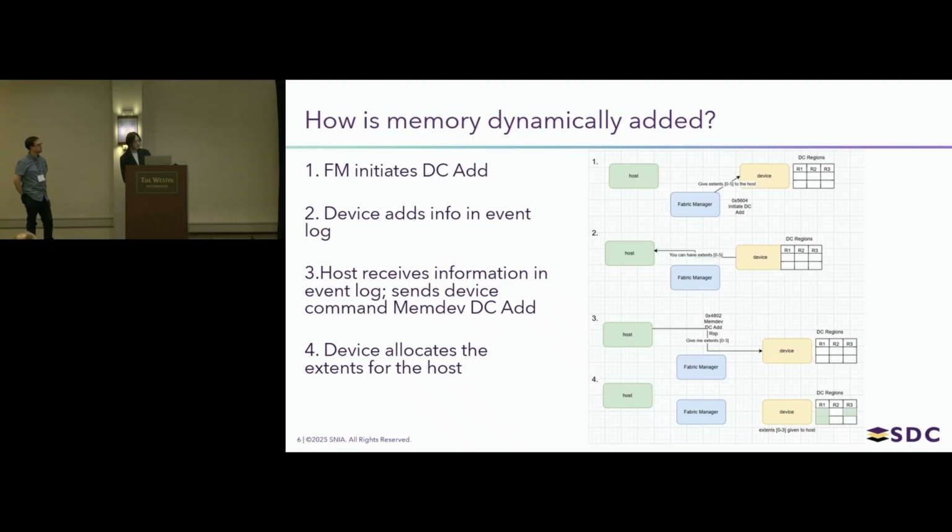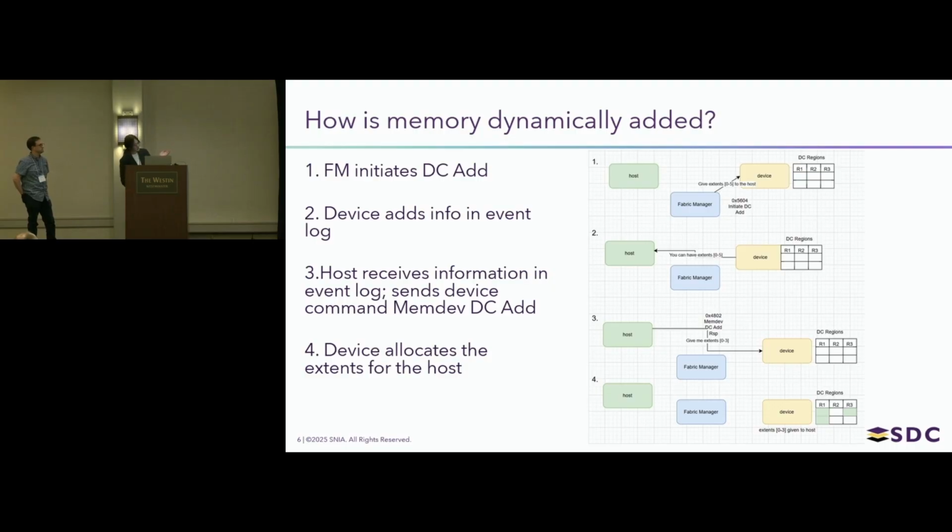Then the device will process this command, record this information in an event log, and trigger an interrupt to the host. The host gets notified, looks at the event log, decides which extents to accept or ignore, and then it will send its response back to the device, and the device finally physically allocates memory for that host.